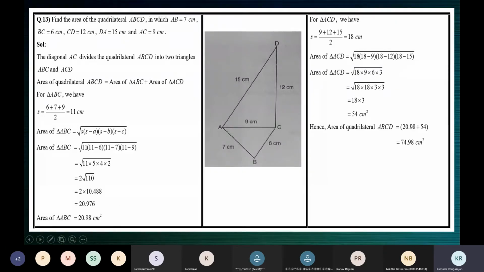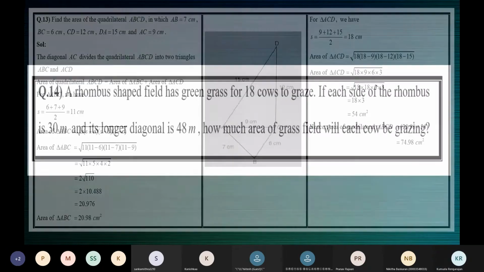And in the final answer, it will be 2 root 110 plus 54. Leave it like that.